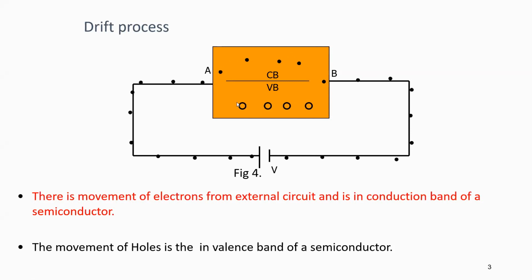Okay, so that is all about the drift process. In the drift process, this is your semiconductor, and across the semiconductor you are providing some external supply. Because of that, conduction takes place. The entire thing is because of the electric field. Because the electric field is giving drift to the carriers, this entire thing is called the drift process, and the current because of that is called drift current. Here you can see the total drift current density. It is not an individual thing.